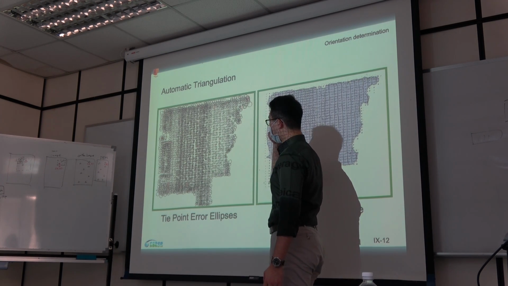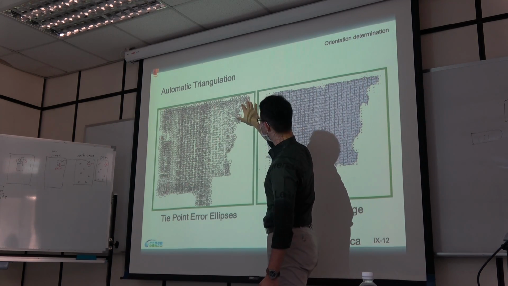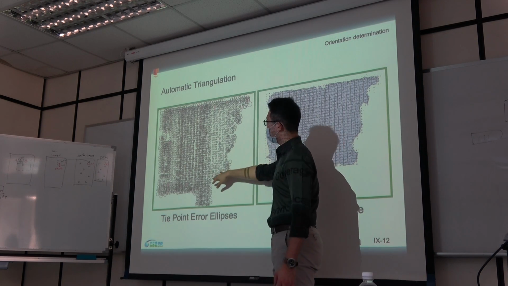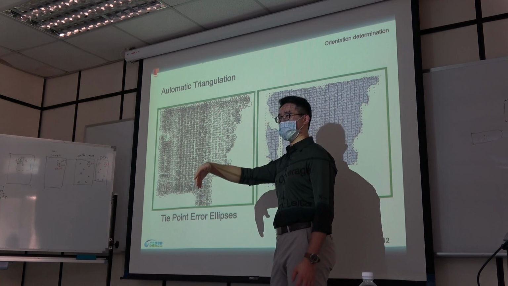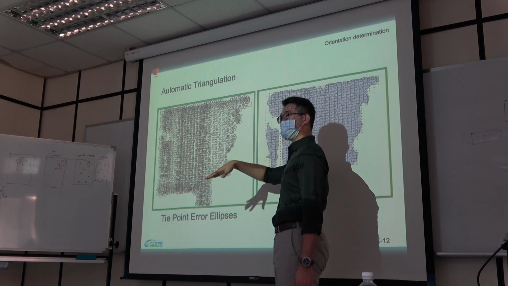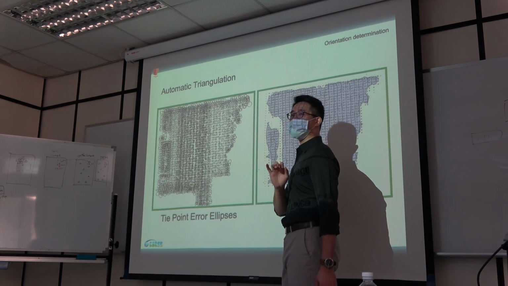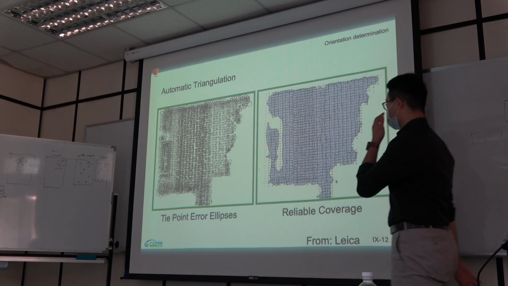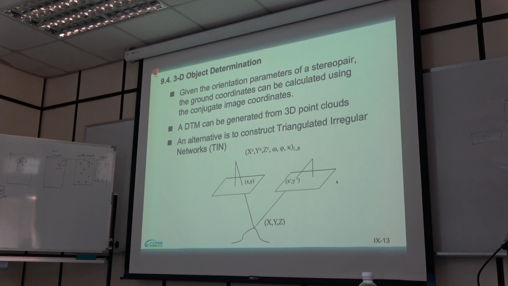Smaller means the accuracy over there is better, and most of the larger ones are on the edge of this whole group, because as you can imagine from your homework, you can analyze that whatever is outside has a little bit more error. Okay, and with that, you can have your own reliable coverage. All right, that's in terms of the space resection and the space intersection.